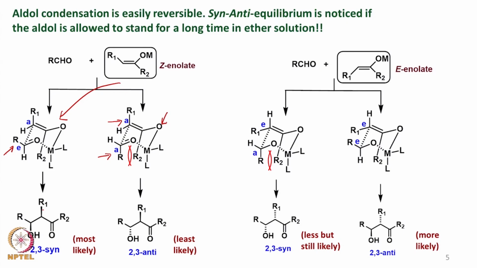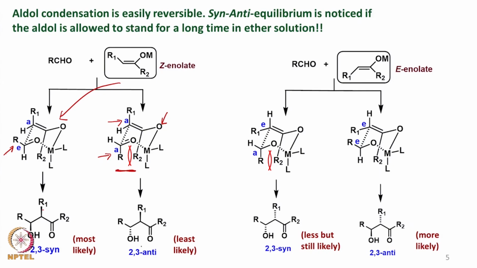On the other hand, when this becomes axial here, then on positions 1, 2 and 3, we have a 1,3 diaxial interaction, and therefore, we can expect that such a steric hindrance would create a problem. At the same time, the ligands attached to the metal will also have an interaction with the R group that is here or even R2.